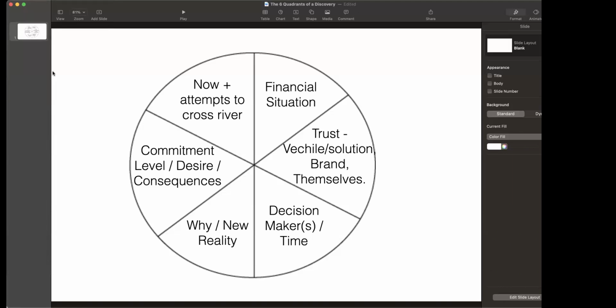When you're filling these things out, you won't always get into every single thing that you drill down for: trust, vehicle, solution, brand themselves. Because you might have somebody who's totally confident in themselves the entire time. Hey, when I take action, I do X, Y, Z. You don't even have to have that conversation, because you're like, oh, okay, I'm dealing with a confident motherfucker.